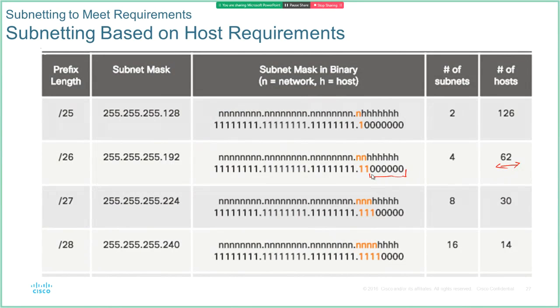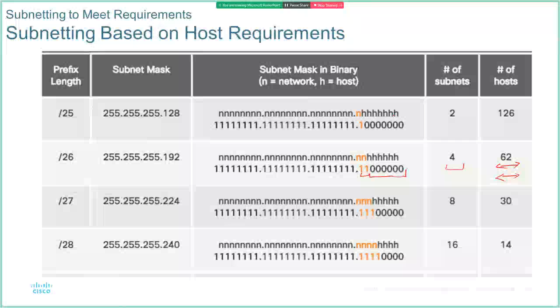So we know we would have to reserve 6 host bits so we can borrow a maximum of 2 bits to become new network portions. So in that case, we could divide the original network into 4 segments, each supporting up to 62 hosts.